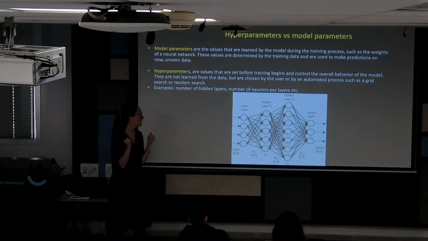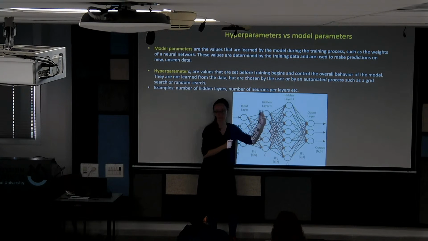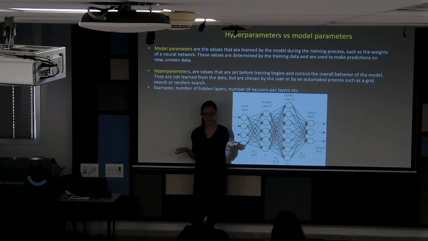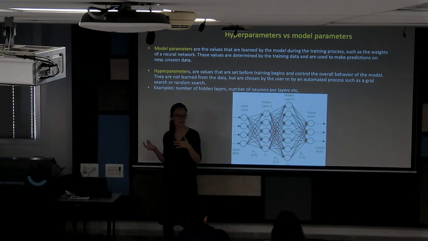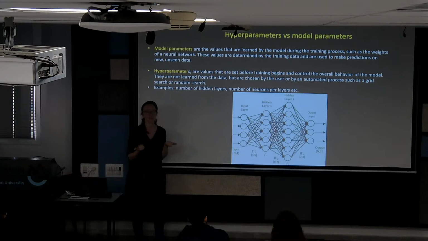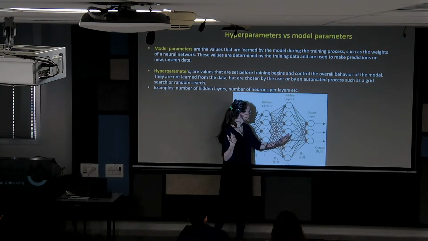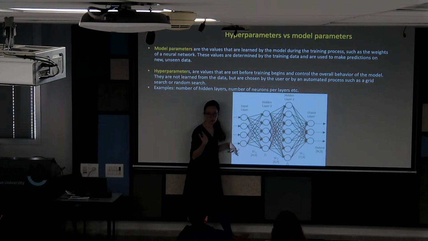For example, how many layers do I put in my network? If I put 5 layers or 10 layers or 20 layers, my network is going to learn things at a different speed. It's going to give a different kind of answer. So what we call the architecture is part of the hyperparameters. It can be the number of layers, it can be the number of neurons per layer.